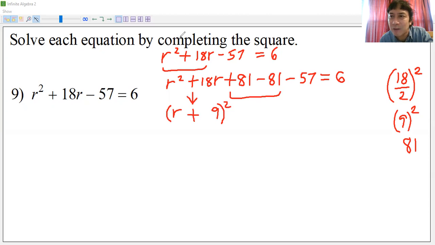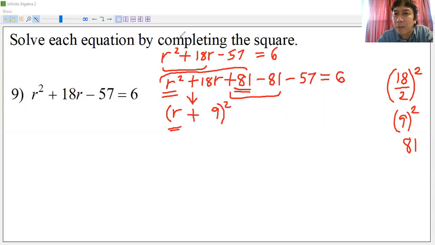The things we did in the numbers 1 to 8, all right? This r came from r squared. The square root of r squared, that's the r. Now, this number 9 is the square root of the 81. Remember, it came from 9. That's why we have 81. We squared that 9. So in the perfect square, we're going to make use of that number 9. Okay, and so that is r plus 9 squared. That's the equivalent of the portion here.